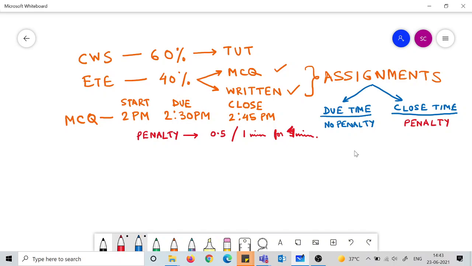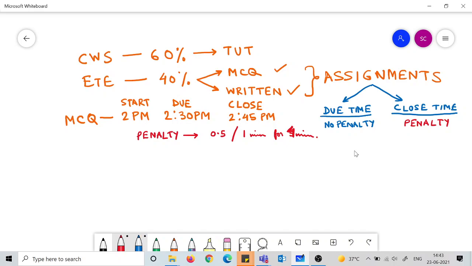This close time is kept a bit later just to help us all submit at least. Even if you are unable to submit within 230, you might accrue maybe 0.5 or 1 penalty marks, but at least you will be able to submit. So no other exceptions would be considered in this.